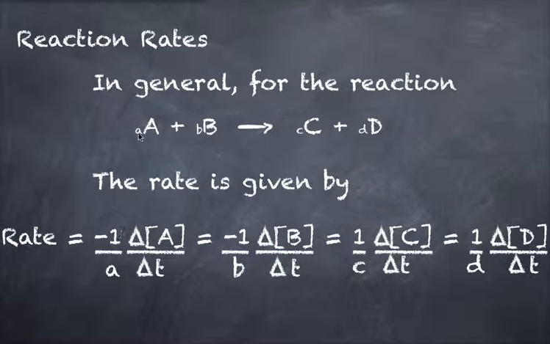Negative 1 over a times the concentration of A. Well, negative 1 over b is going to be whatever the coefficient of B is on the bottom times the concentration of B. Likewise here, whatever the coefficient of C, it's going to be 1 over c times the concentration of C, and 1 over d times the concentration of D.